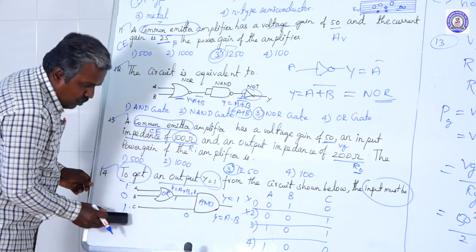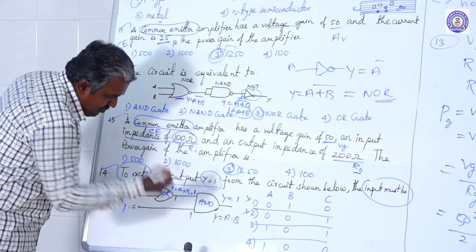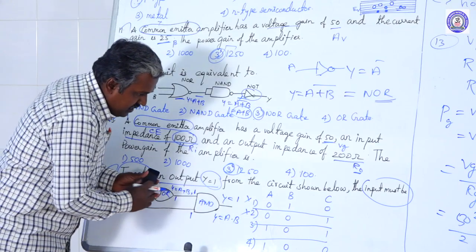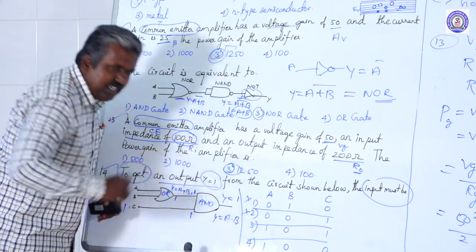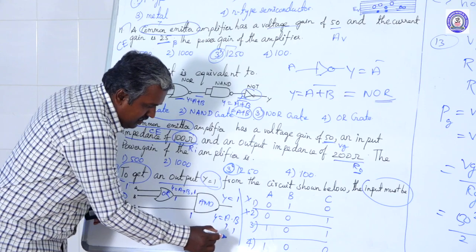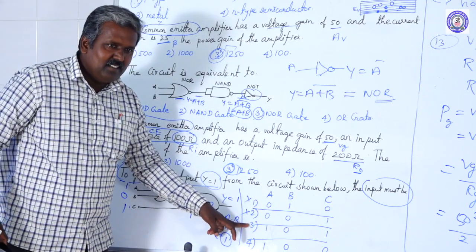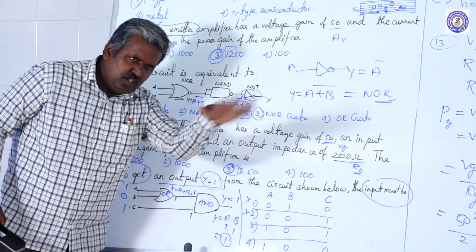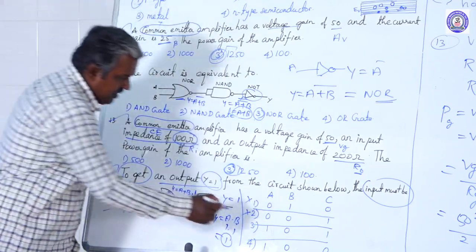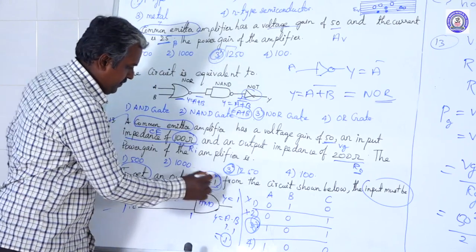See here, 1. So the output of the AND gate AB is 1 into 1, that's all. So the option is the third, because the output is 1. The fourth option gives 0. That's all.